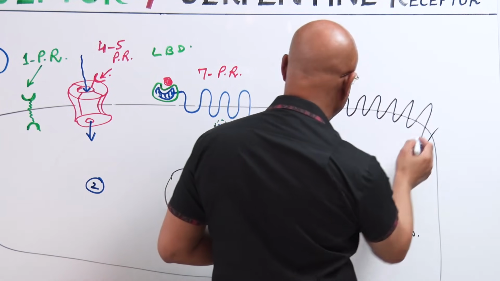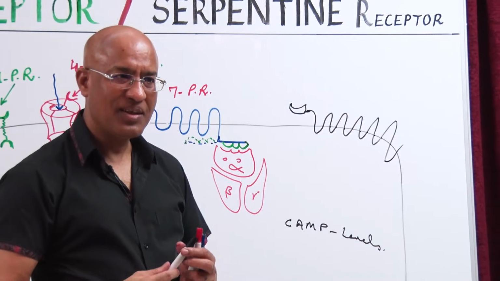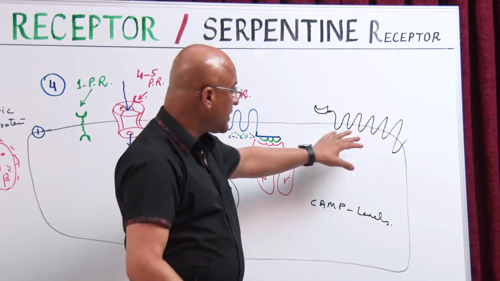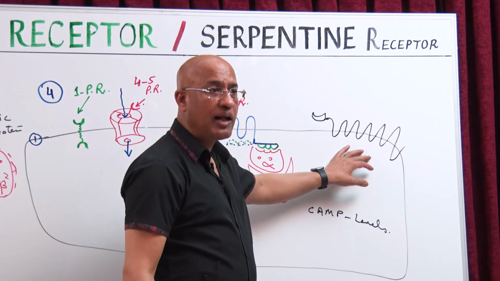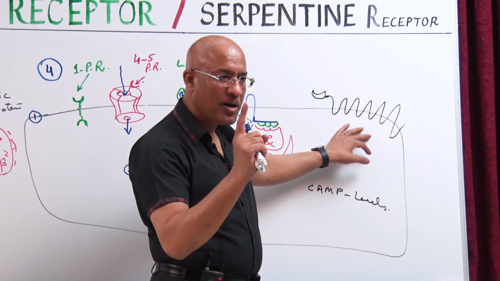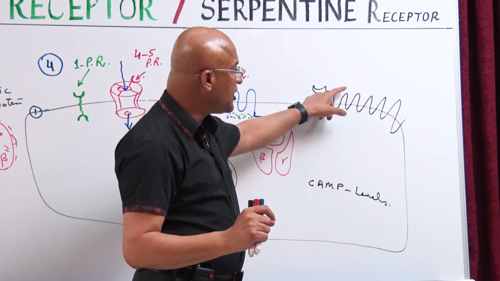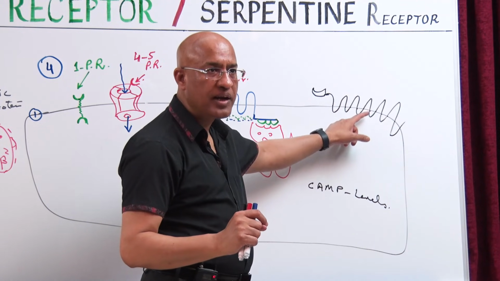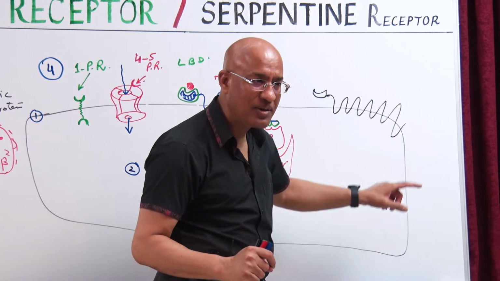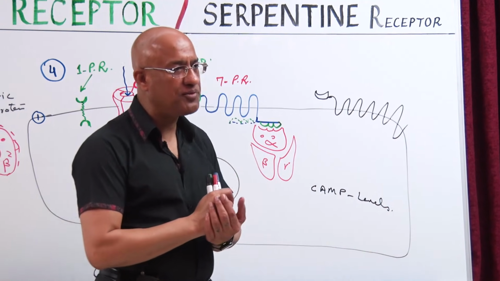So these are 12 pass receptors, right? These 12 pass receptors also consist of one single peptide chain, and this single peptide chain snakes through or passes through the membrane how many times?